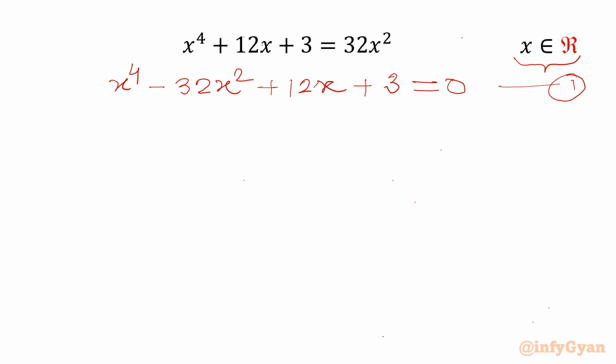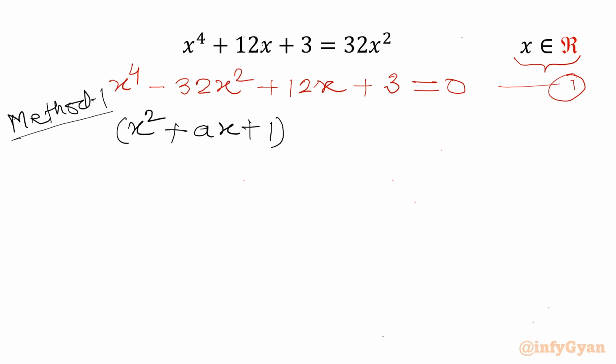Now I will share two different approaches to proceed with this question. Method 1 is using the product of quadratics or biquadratic method. So we can write (x^2 + ax + 1)(x^2 - ax + 3) = 0.